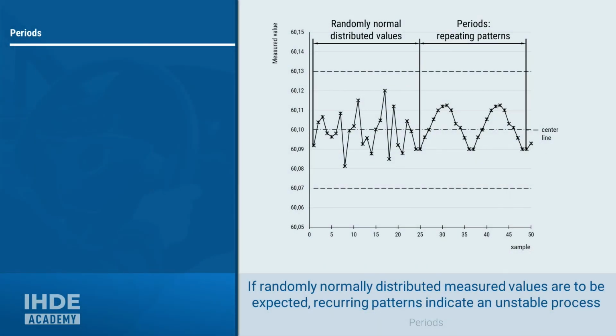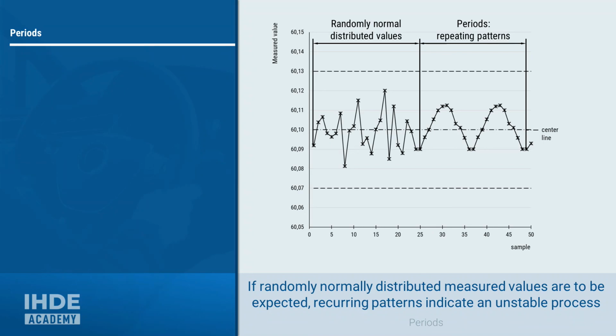Finally, a few comments on repeating patterns in value progressions, so-called periods. Under normal circumstances, measured values are expected to be randomly distributed. Such a pattern of values is shown here in the diagram for the first 25 values.